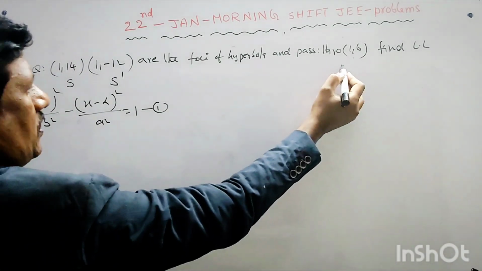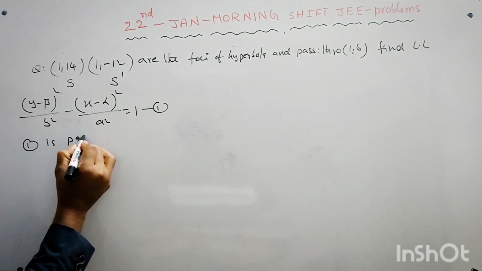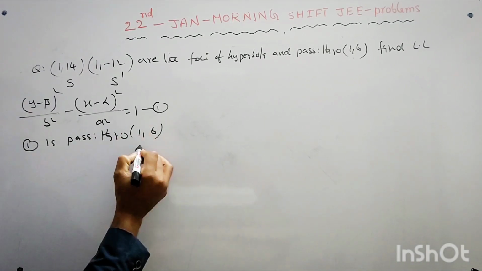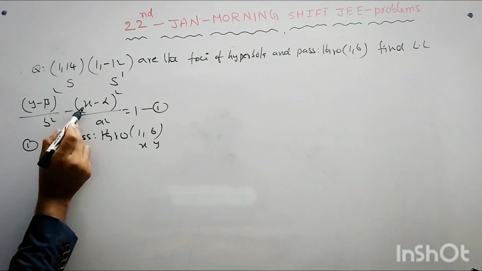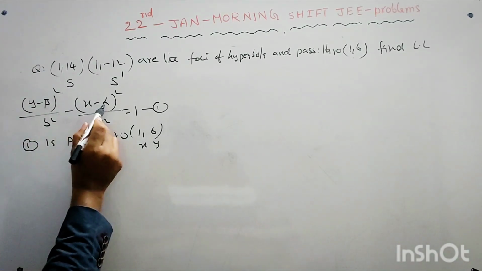So it is passing through the point (1, 6). So this is x, this is y, substitute here. What is the x value? 1. Here we should find alpha comma beta also.